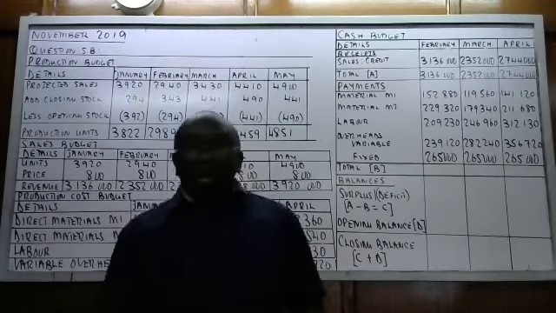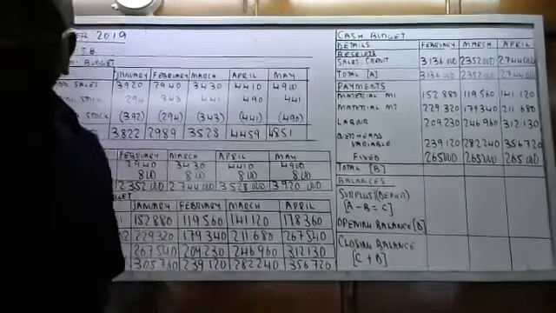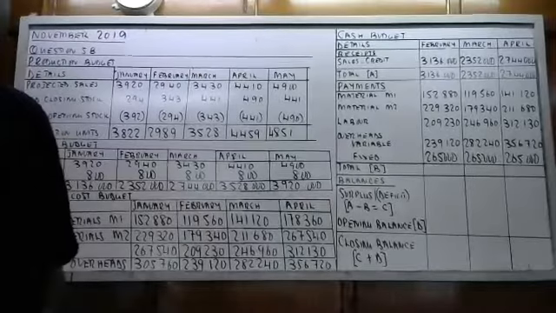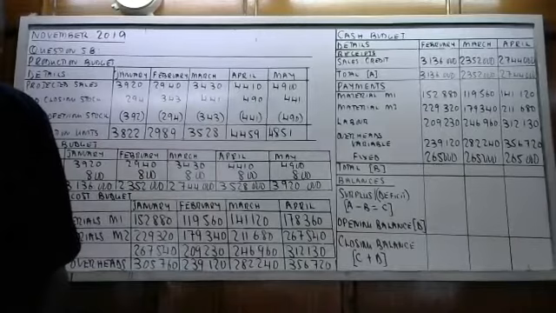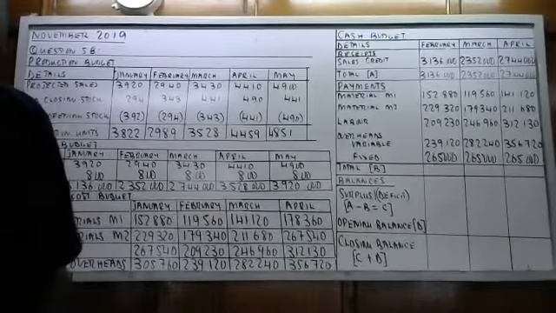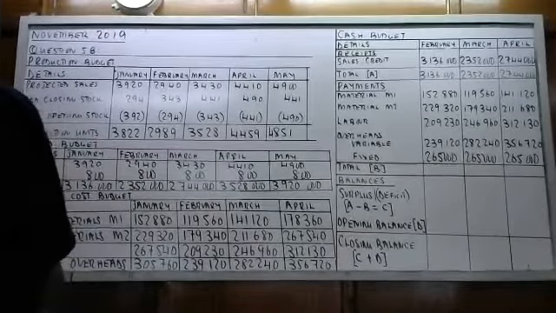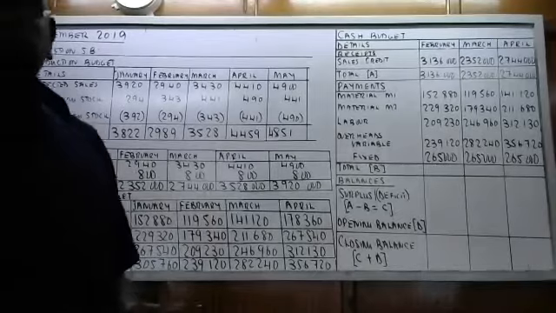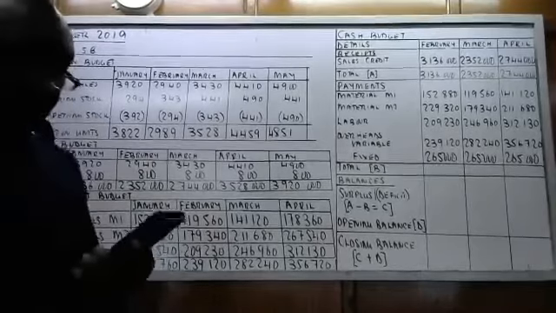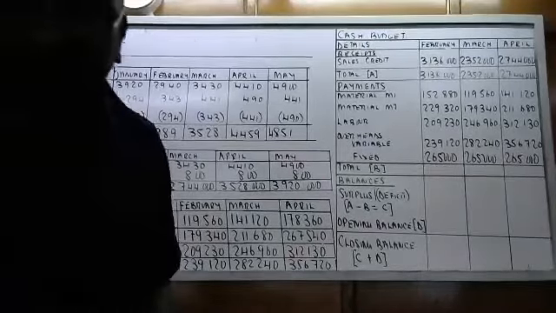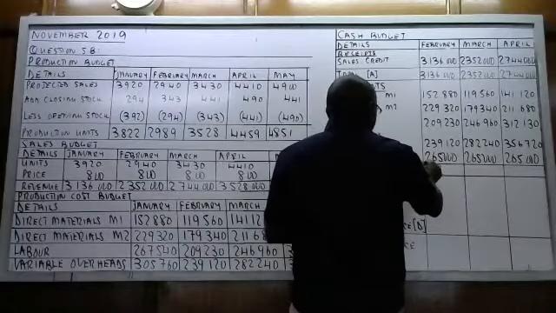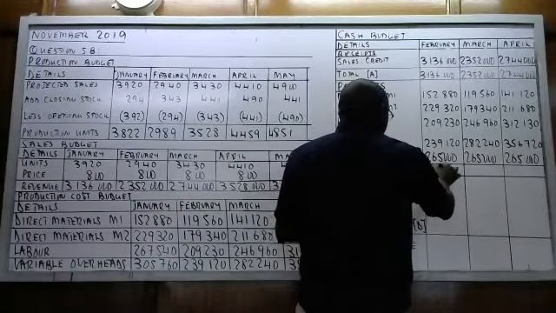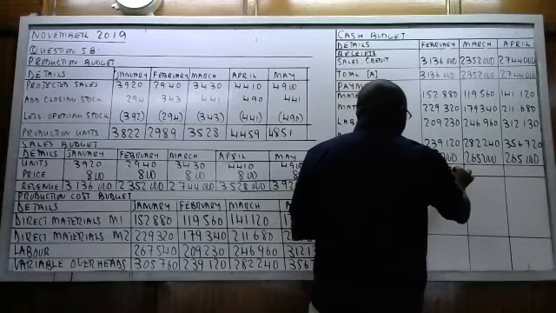Give me the total Monica that you have gotten. Yeah, 1,095,550.